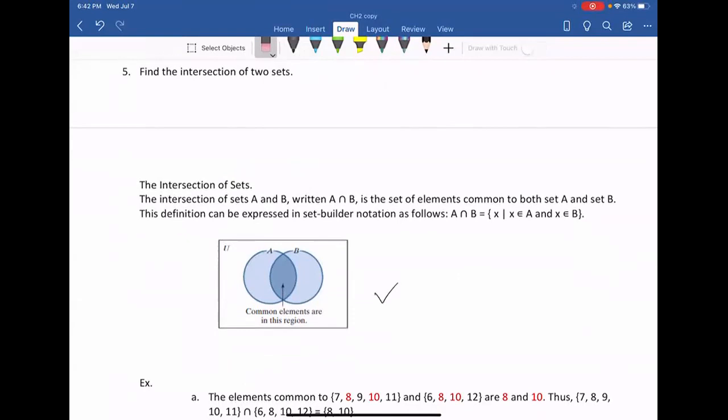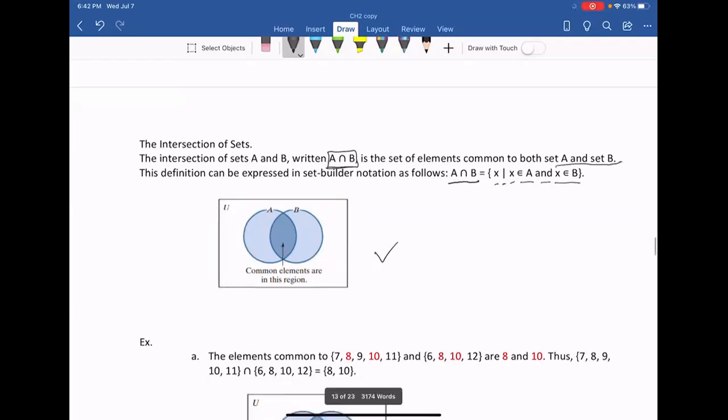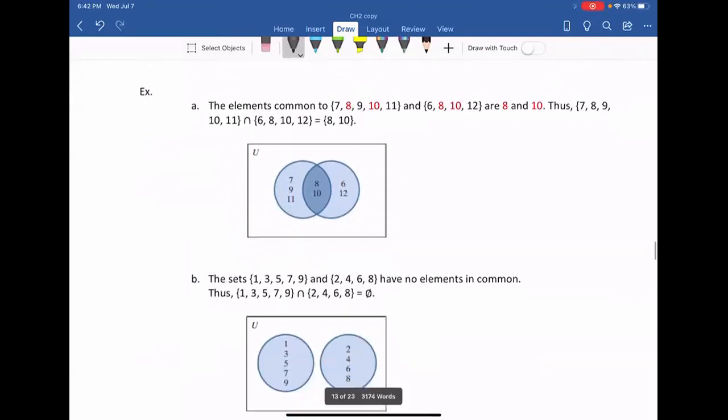So we write that in this notation: A intersect B, the set of elements common to both A and B. The set builder notation is A intersect B equals X such that X is in A and X is in B.